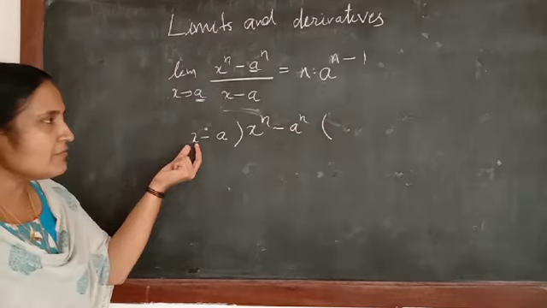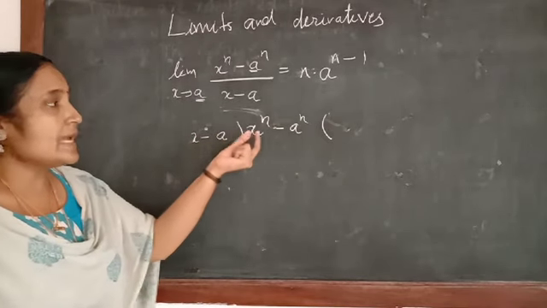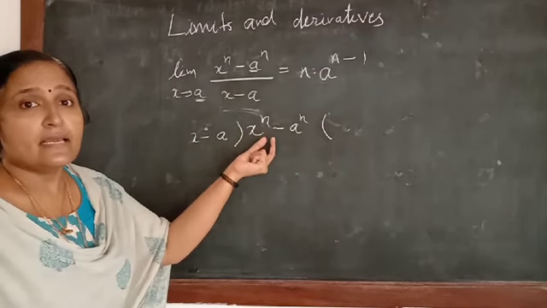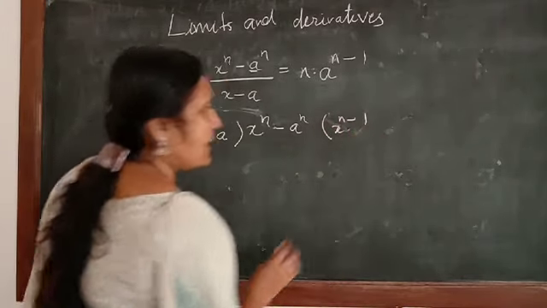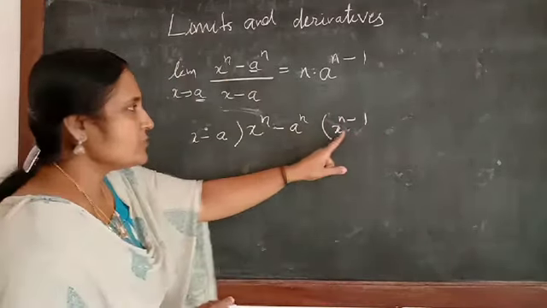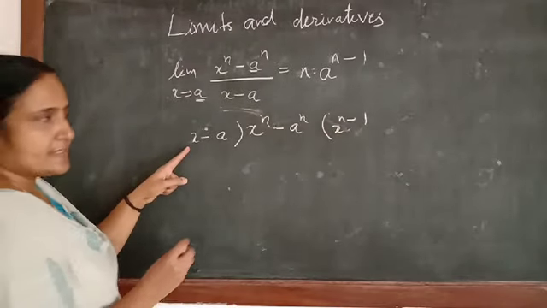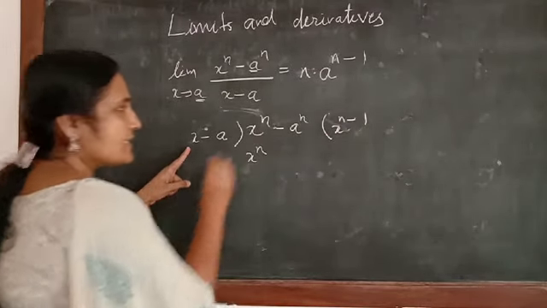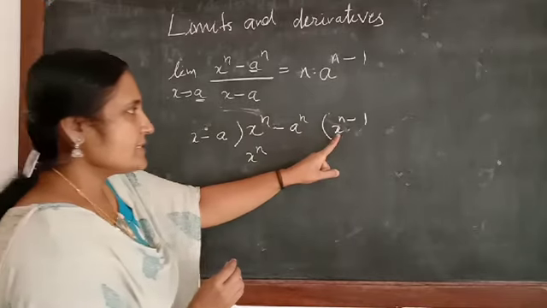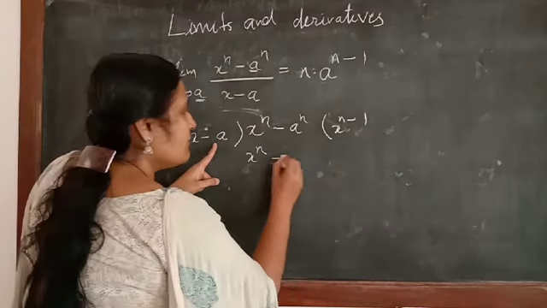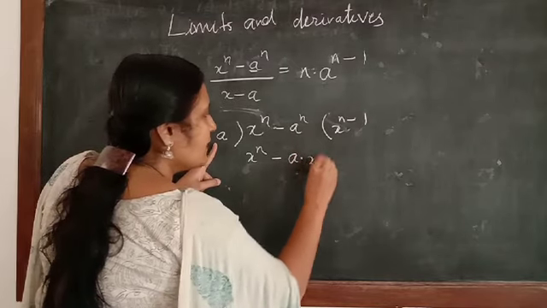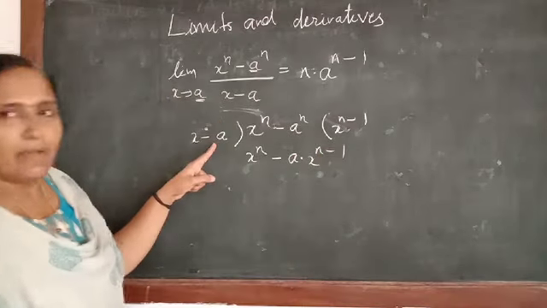By which number can we multiply x to get x raised to n? Yes, we multiply it by x raised to n minus 1. So x raised to n minus 1 into x will be equal to x raised to n. Then x raised to n minus 1 multiplied by minus a gives minus a into x raised to n minus 1.